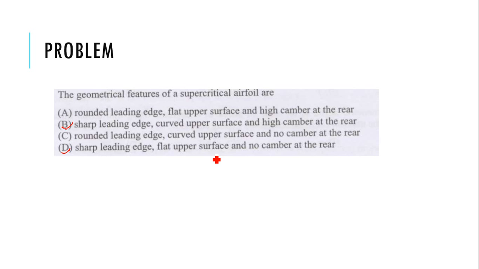Also, here we have a rounded leading edge. A supercritical airfoil has a rounded leading edge, but it doesn't have a curved upper surface, so that won't come either. B is wrong, C is wrong, D is wrong, so the answer is rounded leading edge, flat upper surface and high camber at the rear. The answer is A.